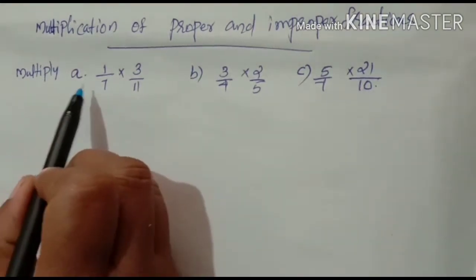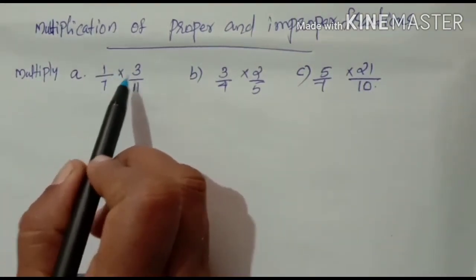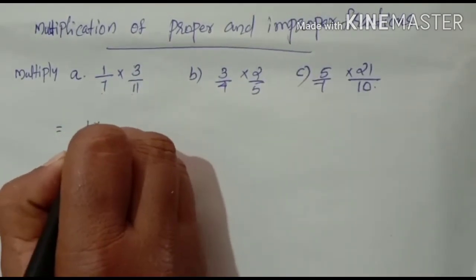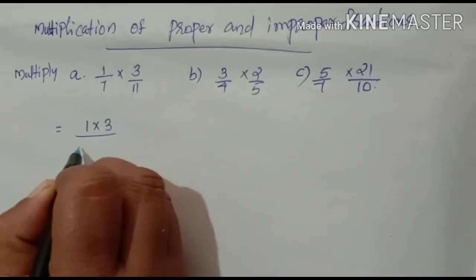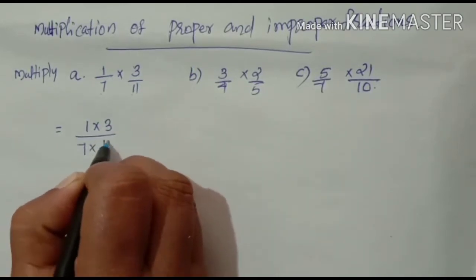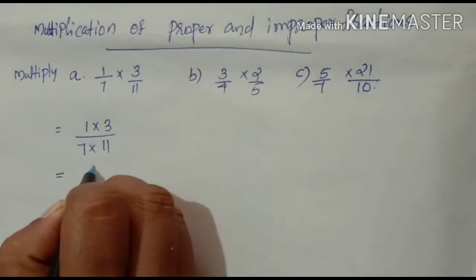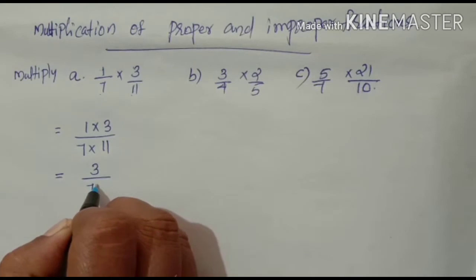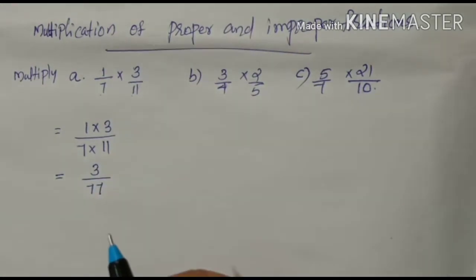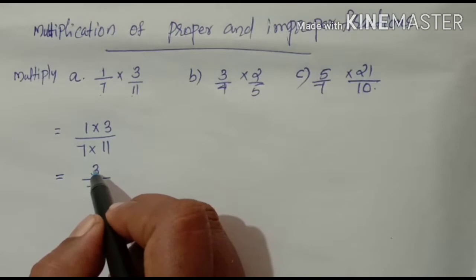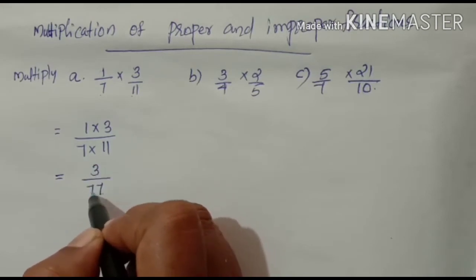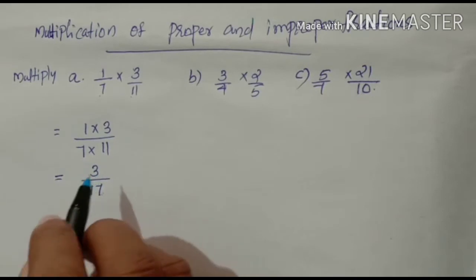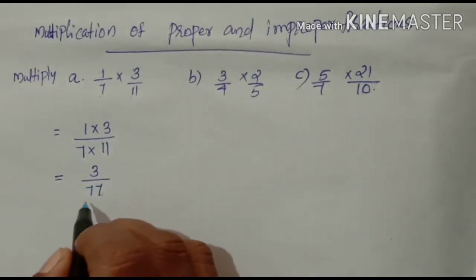First one, 1 by 7 into 3 by 11, which equals 1 into 3 by 7 into 11, which is equal to 3 by 77. There is no common factor between 3 and 77. So we cannot reduce it into simplest form. This is the simplest form of the fraction.